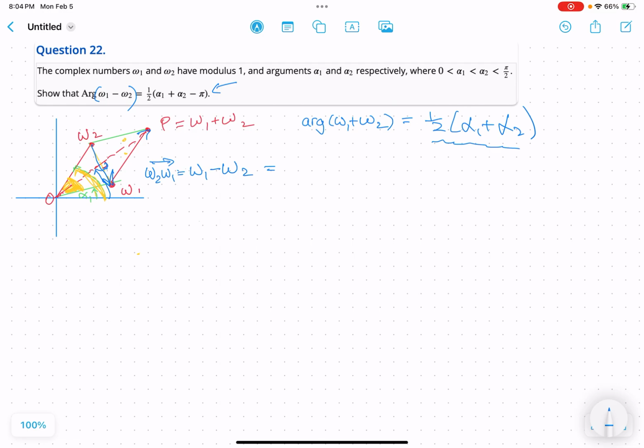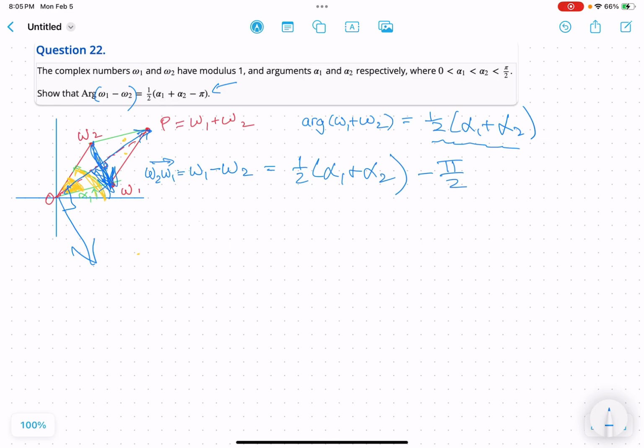We know the angle of OP is half of alpha 1 plus alpha 2. To go anti-clockwise, we add pi on 2, 90 degrees, so going clockwise we subtract pi on 2. So we're taking this and rotating it 90 degrees to get this vector here.